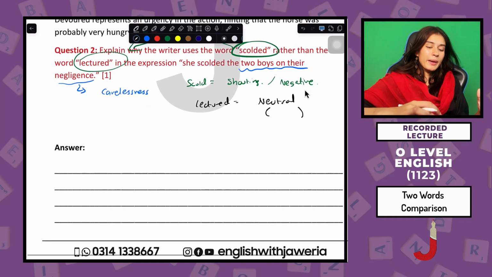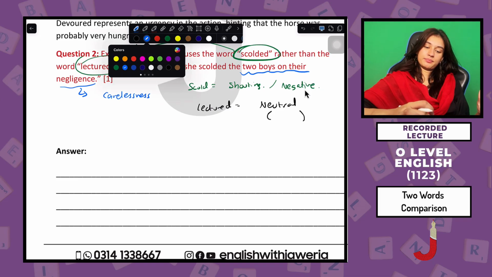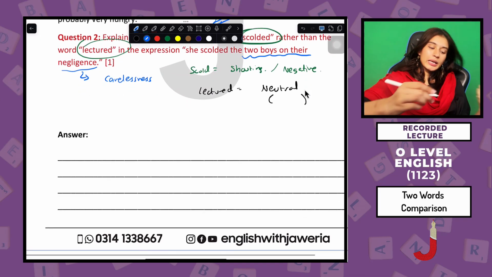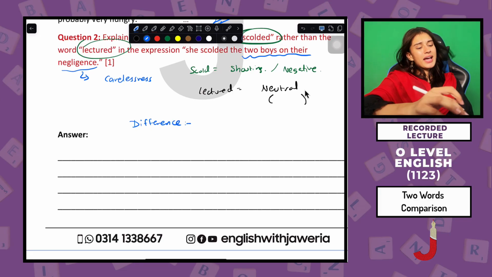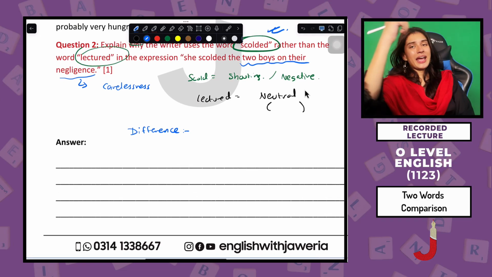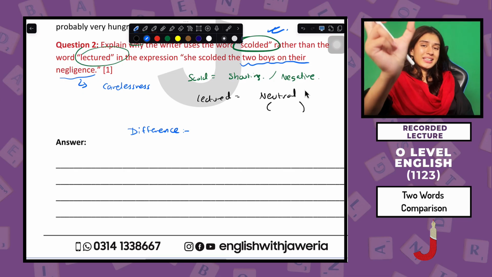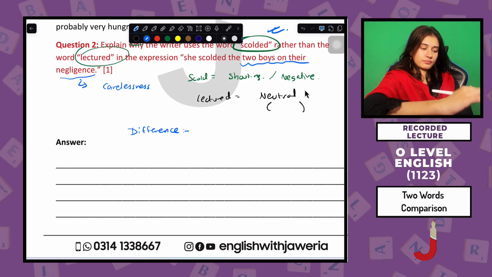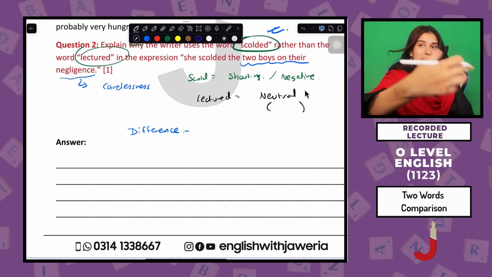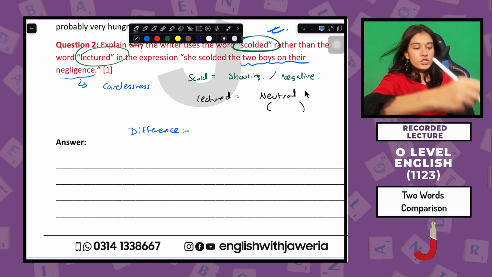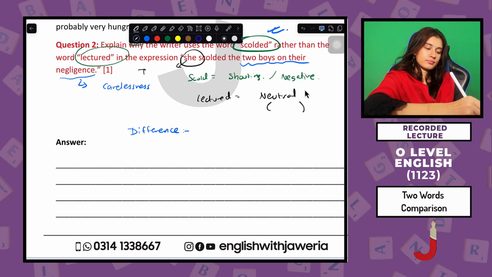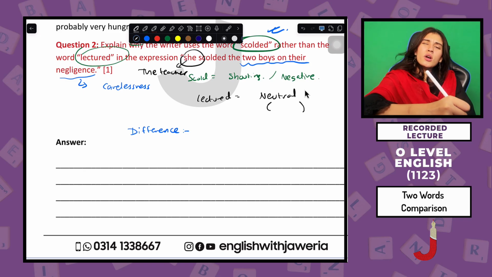So, what could be a possible difference between the two words? Think about it. What could the difference be? The question is, why has the writer used the word scolded instead of the word lecture? So, what is the key difference between them? The word scolded shows, let's assume that it's the teacher, that there was more anger.